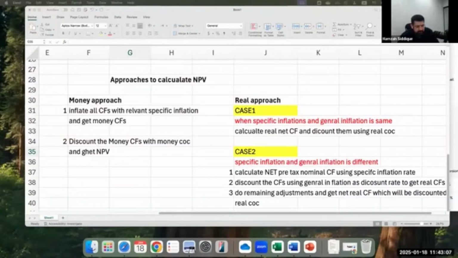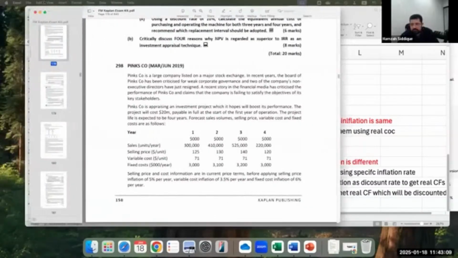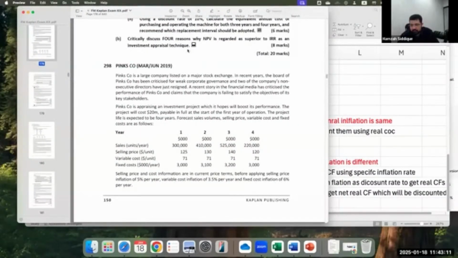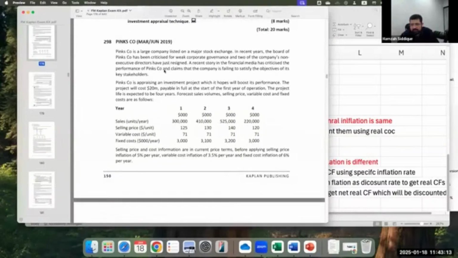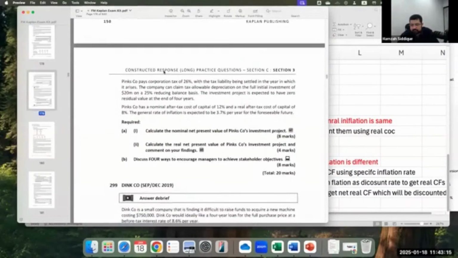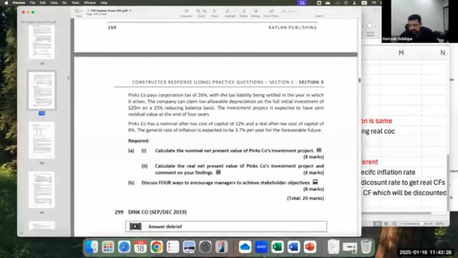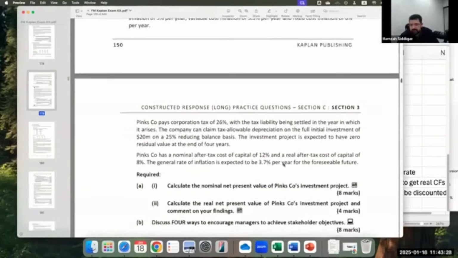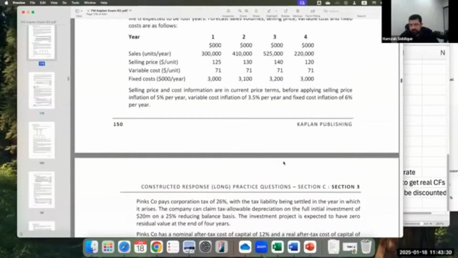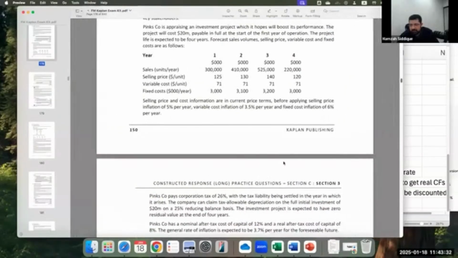Yes. Very good question from the past paper is here in front of you. Pink company. Calculate the nominal NPV. Calculate the real net present value. Second part is not related to us for the time being. So please read the scenario.